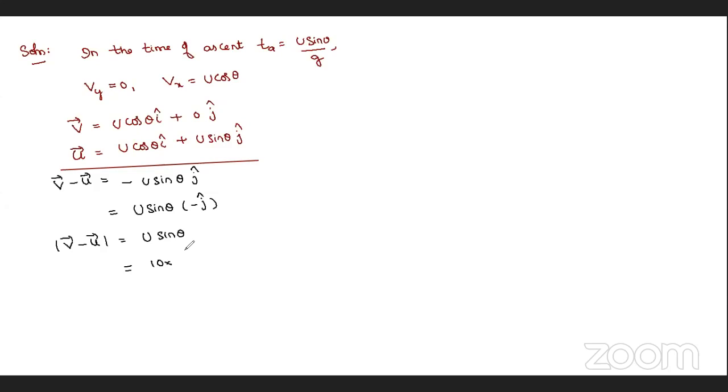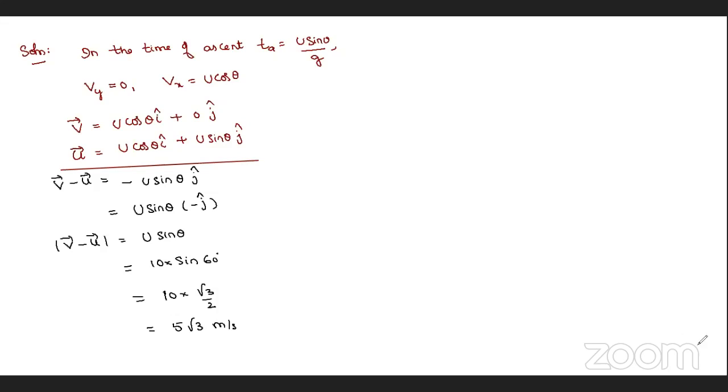Minus j cap is the direction, not the magnitude. U is 10, so u sin theta is 10 sin 60, which is 10 into root 3 by 2, equal to 5 root 3 meters per second.